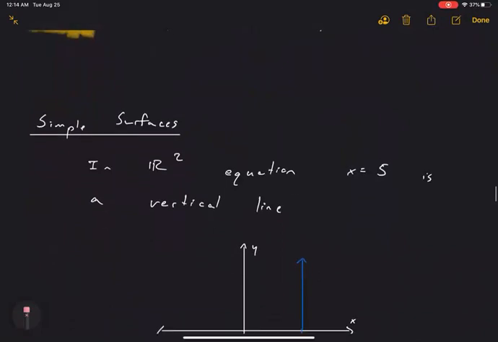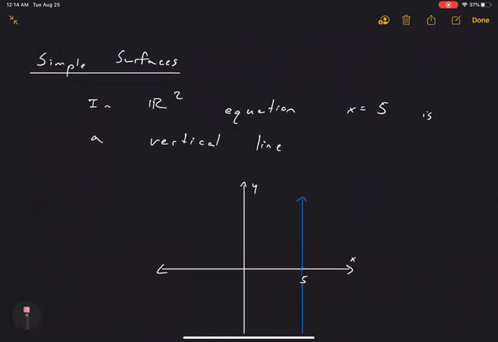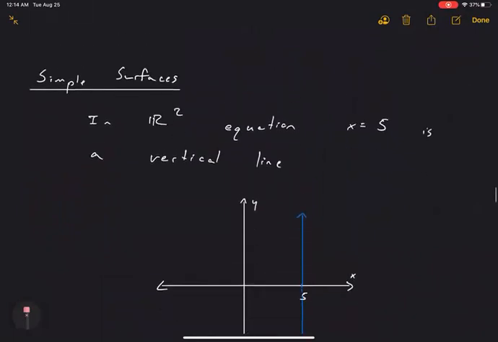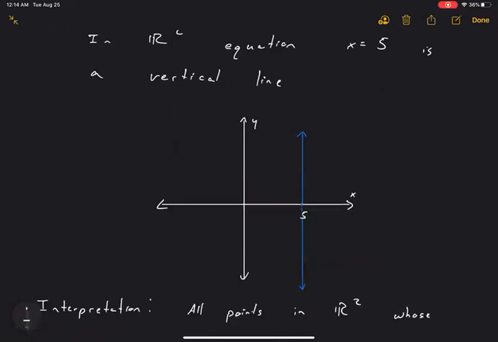So let's talk about some simple surfaces and their equations. This is rehashing what we did with planes, but let's take a closer look. In R2, if I had the equation x equals 5, that's just a vertical line. It's all the points whose x coordinate is equal to 5.